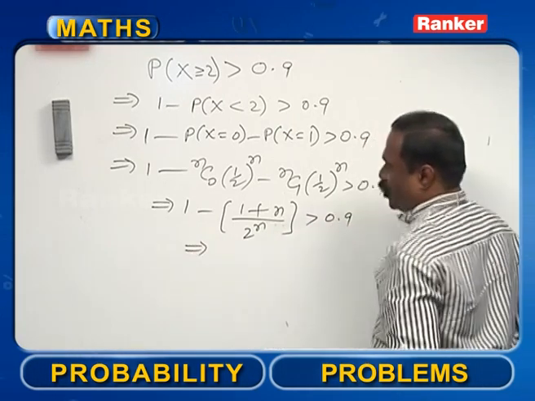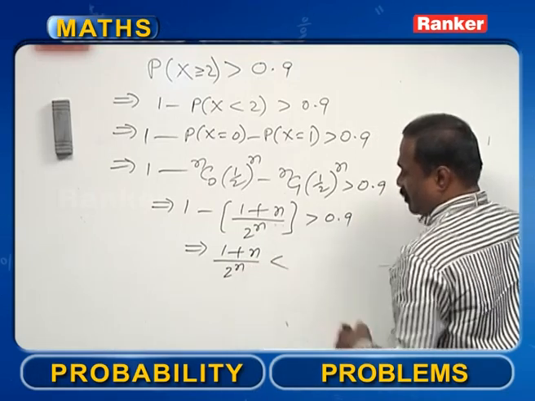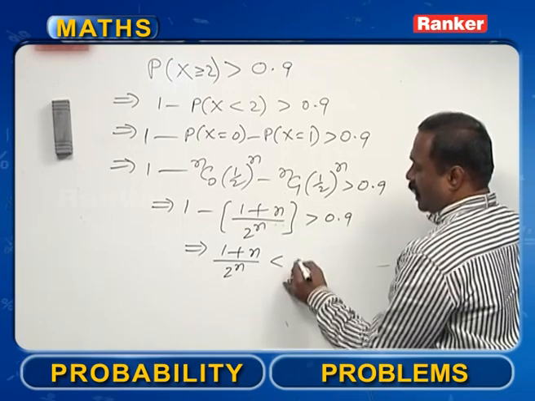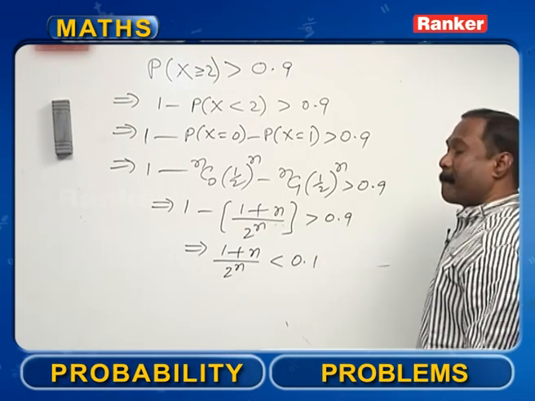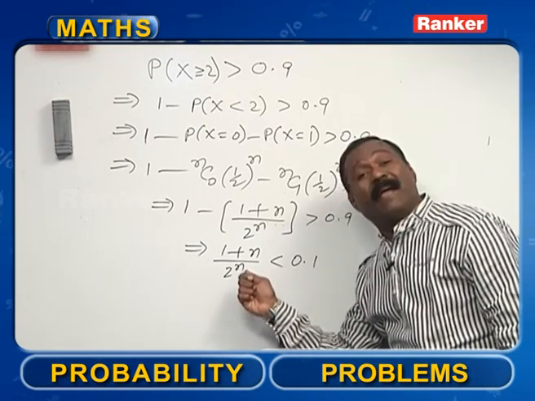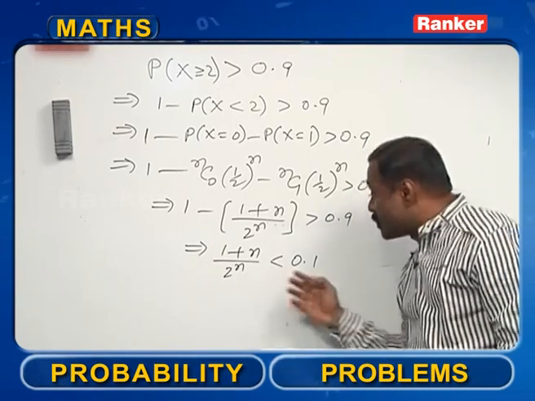If you multiply throughout by minus, it is 1 plus n upon 2 power n is less than, minus 1 comes to this side, minus 1 minus 0.9, which is nothing but 0.1. That means we have to find for what value of n this value is less than 0.1.